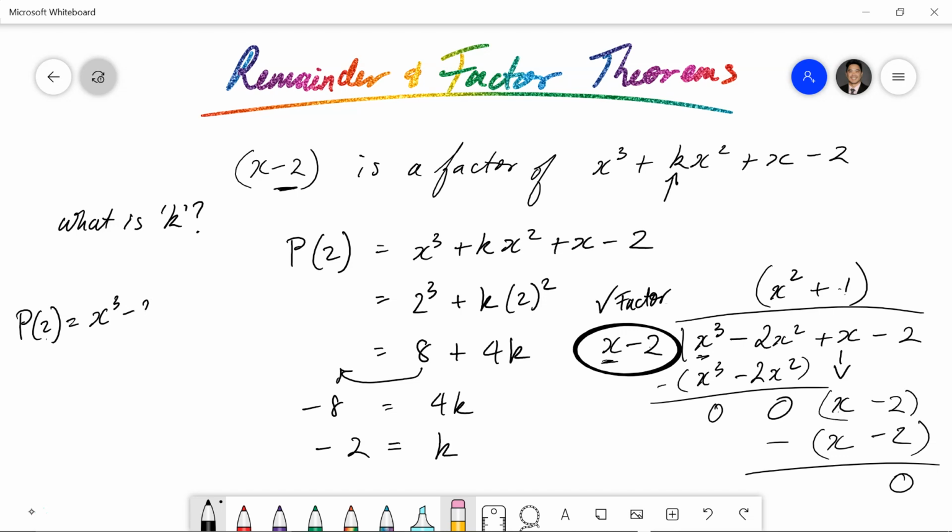So we said x cubed minus 2x squared plus x minus 2. 2 cubed is 8, and 2 squared is 4. 4 times minus 2 is minus 8. Then x is 2, minus 2, and we end up getting 0. Hopefully that helps you. Let me know if you have any questions.